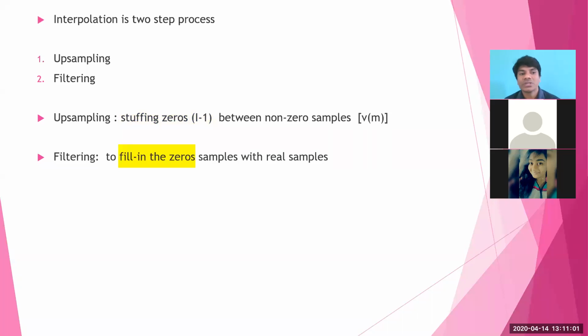That process we call filling in the zeros with real samples, and it is achieved through some sort of linear filtering, which we are going to see shortly. I'll repeat again: upsampling is just adding zeros between samples, but then there is one extra step, that is filtering, which will convert these zeros into real samples.